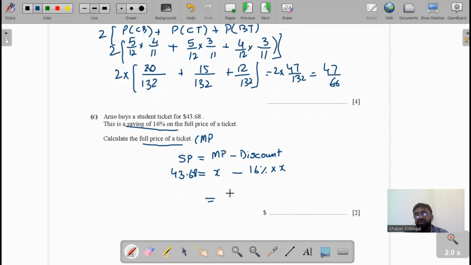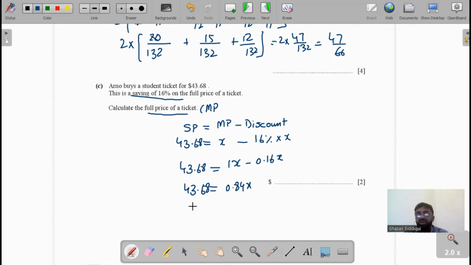Now the x minus 16% means 16 over 100. We can write it as 0.16 multiplied by x, and 43.68. And that is equal to 0.84x over 40 equal to 43.68.